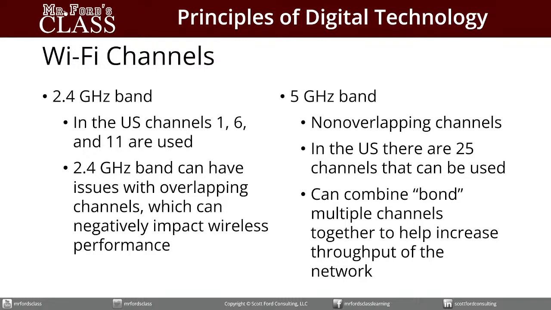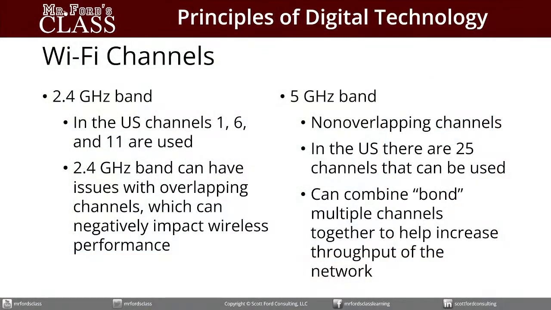And within those bands, there are also channels for our wireless devices to work under. So as a 2.4 gigahertz band, in the US, we have channels 1, 6, and 11 that wireless devices can use. So the 2.4 gigahertz band can have issues with overlapping channels, which can negatively impact wireless performance.